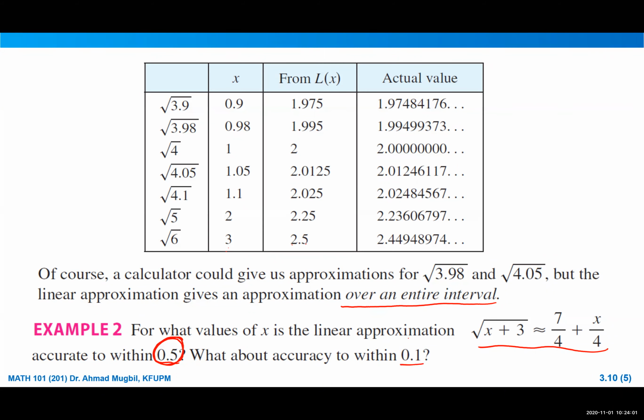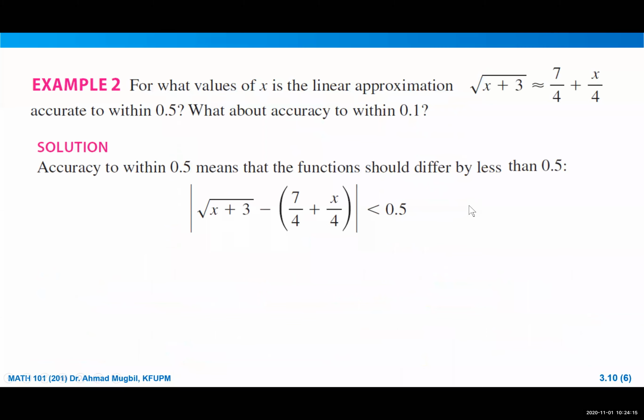So here we want the difference between the actual value and the approximated value to be less than 0.1. What is the idea? I need the difference between the approximation, this is the approximation and this is the exact, to be less than 0.5. I don't want it to be greater than or even equal. I want it to be strictly smaller than.